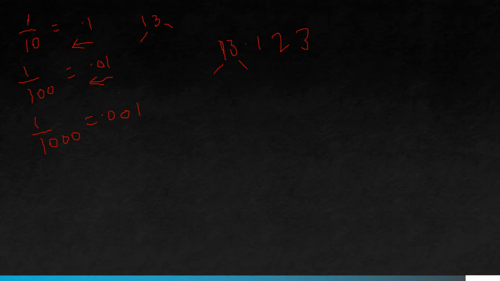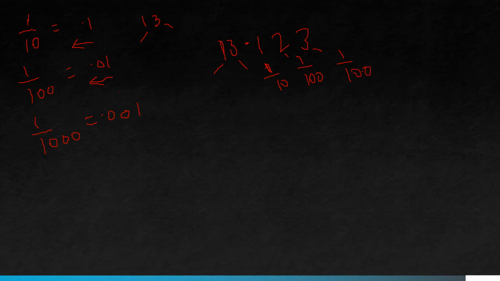Now, after the decimal this is 1, right? So what will be the place value for this? This will be called 1/10, 1 upon 10. This place will be called 1 upon 100, and similarly this place will be called 1 upon 1000.